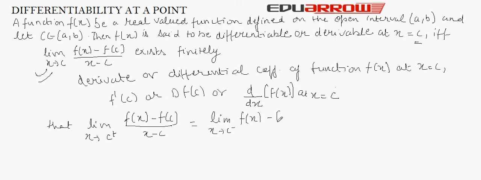This right hand limit is called the right hand derivative, denoted by R f dash c, and the left hand limit is called the left hand derivative, L f dash c, of the function at x equal to c.